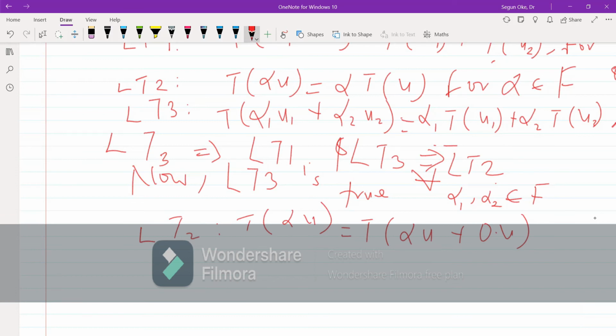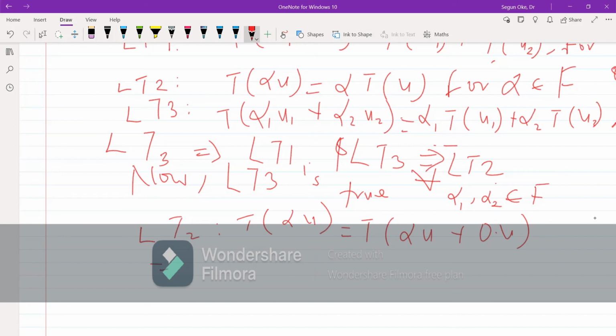Remember where we are going. We know that 0 multiplied by anything is still 0.